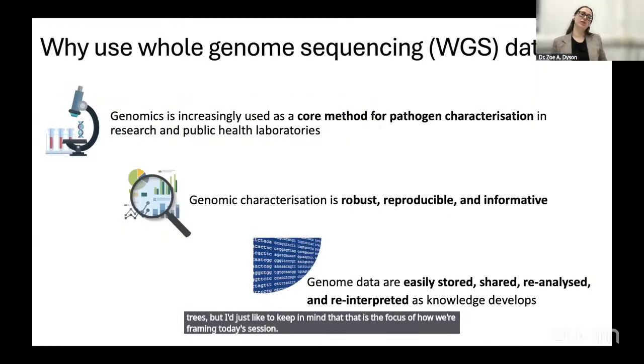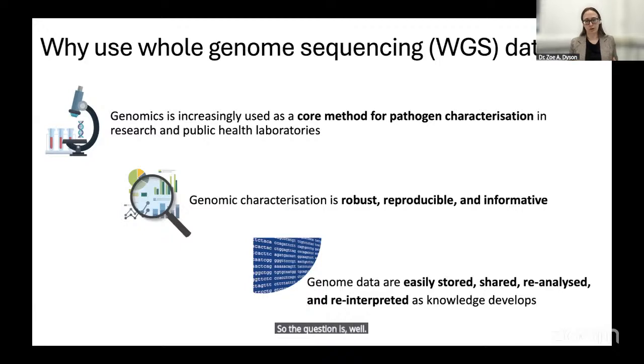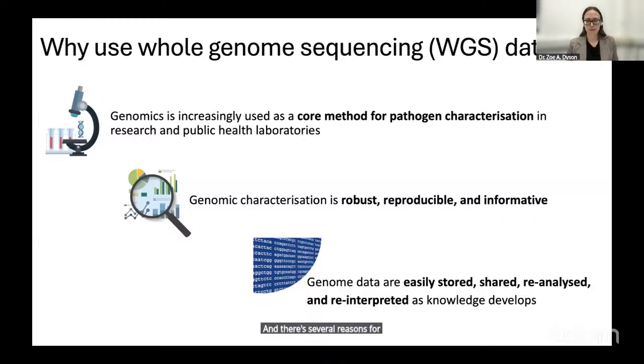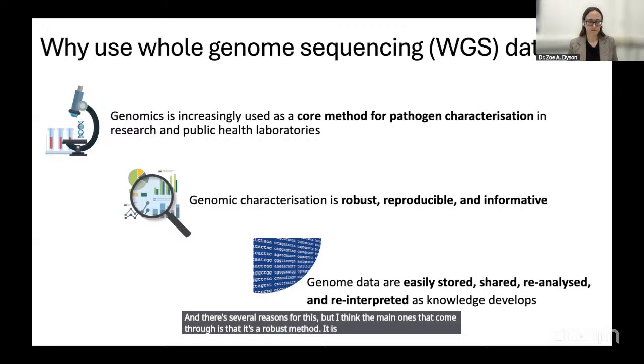So the question is, why would you want to use whole genome sequencing data? As many of us are becoming increasingly aware, genomics is becoming a core method for pathogen characterization in both research and public health laboratory contexts. There are several reasons for this, but the main ones are that it's a robust method, it is reproducible, and it's informative, because genome data are enriched for many different aspects of pathogen biology.